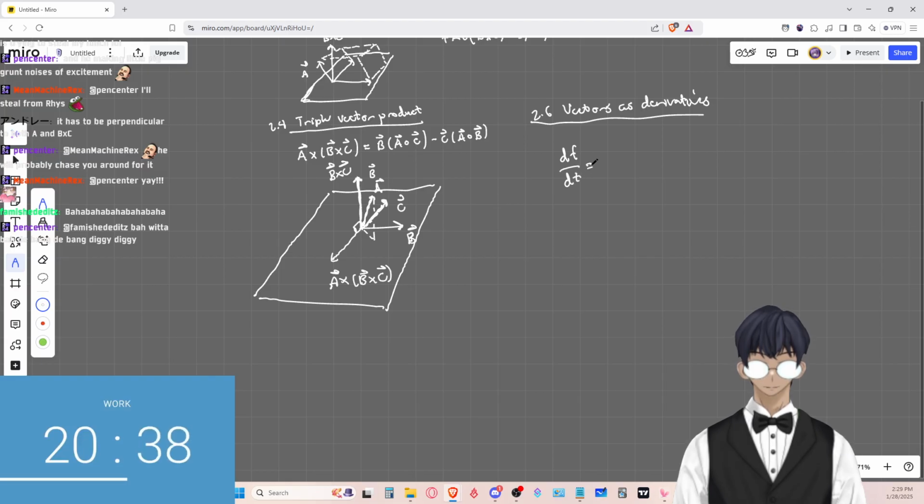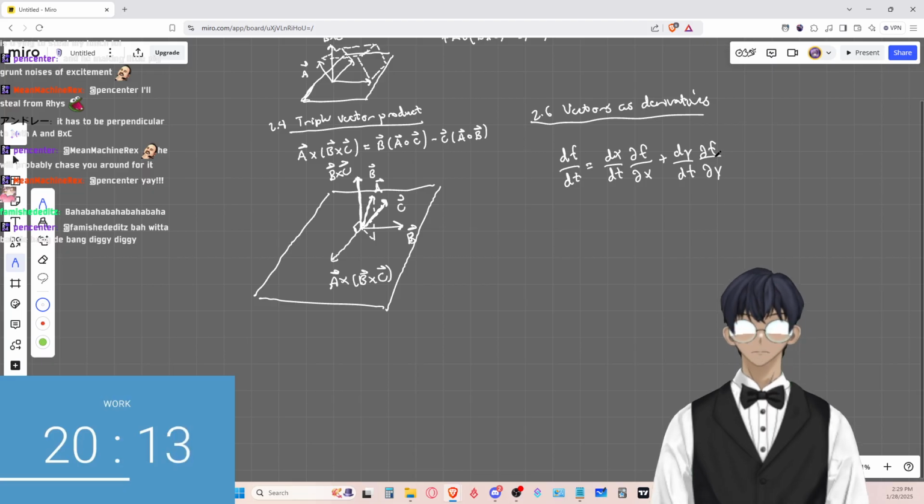Over t, where dx over dt and the partial derivative of f with respect to x, and if it's y, dy over dt and the partial derivative of f with respect to y. Okay.